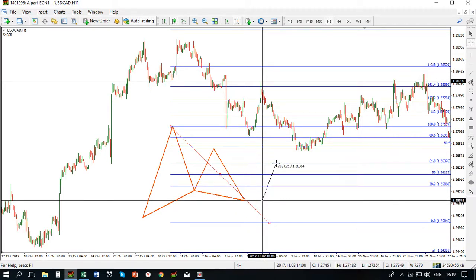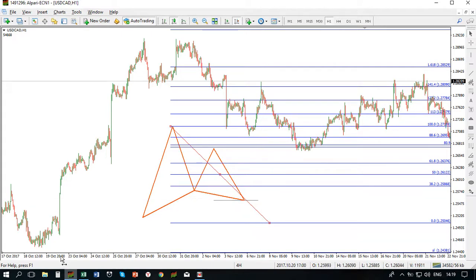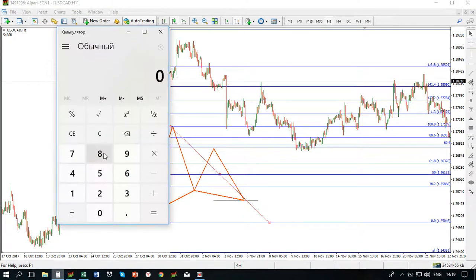Towards 618, 80.29 divided by 50.04. You can calculate it without me. The 8 is a Fibonacci number and 5 is a Fibonacci number. So 80 and 50 are Fibonacci numbers.